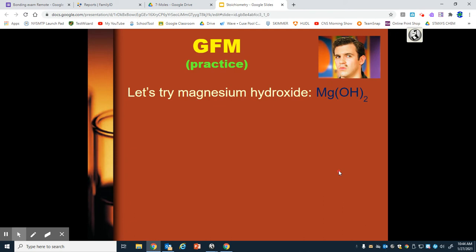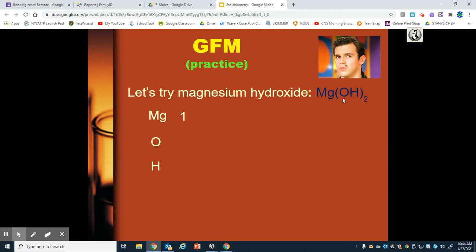To get the GFM, we write down the elements we have. In this case, we got magnesium, oxygen, and hydrogen. Magnesium has 1 atom in here, because there's a subscript there of 1. Because of the parentheses, this 2 is going to distribute to both the oxygen and the hydrogen.